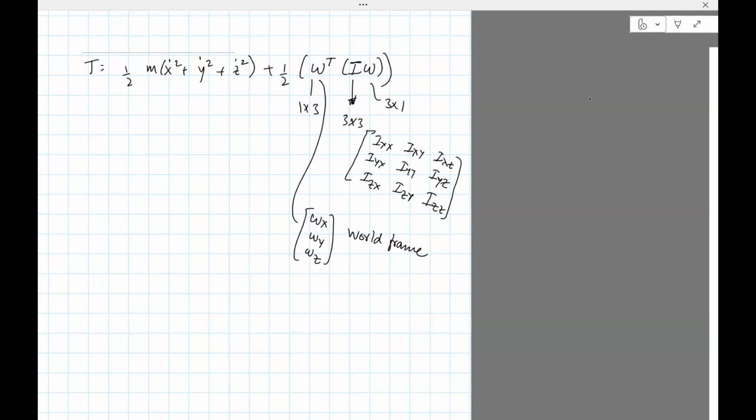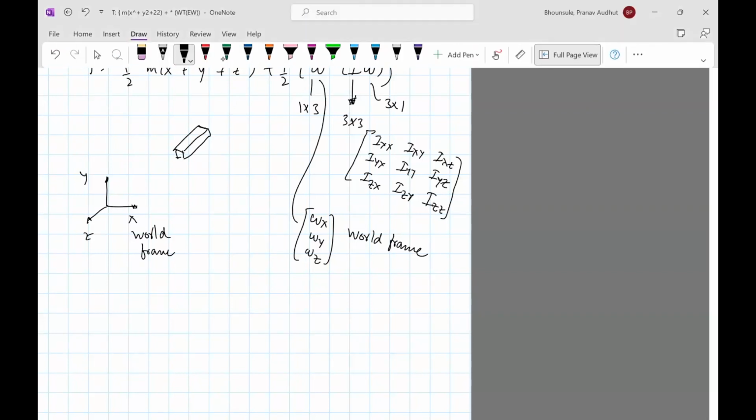Okay, now here's the thing. Omega x, omega y, omega z is in the world frame. So when the object is turning, that angular velocity is basically going to be fixed to the fixed frame, x, y, z, the world frame. And then the object itself is going to be turning.